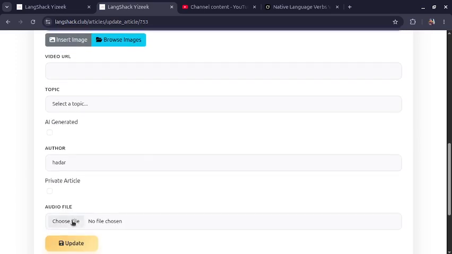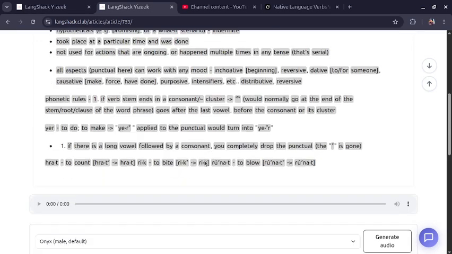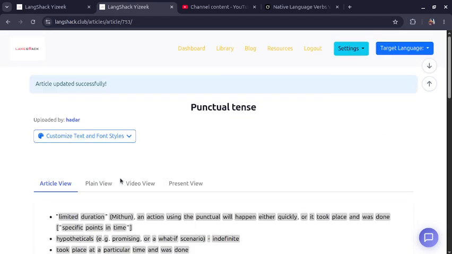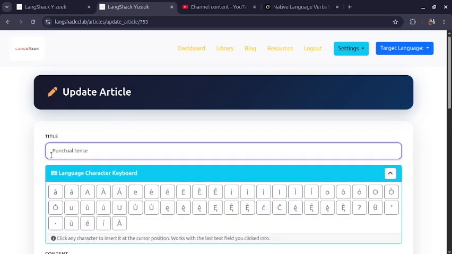Now let's talk about the different tenses combined with this aspect. So let's call this punctual aspect, an introduction to the punctual aspect.